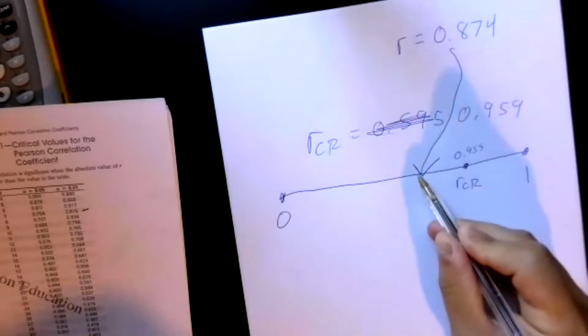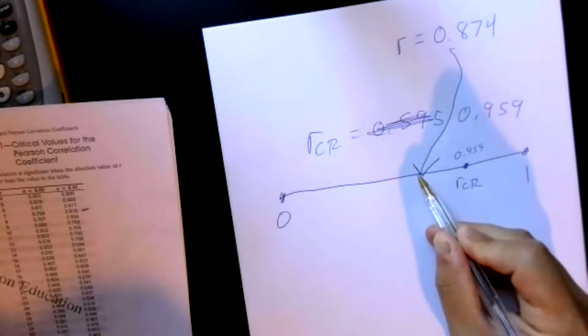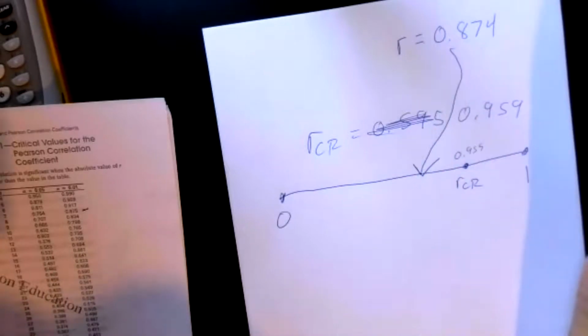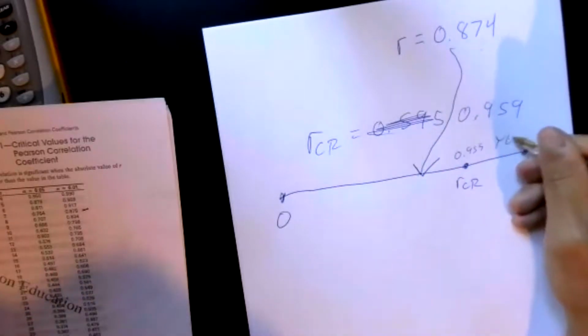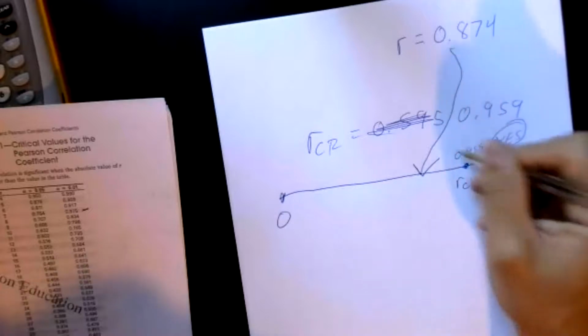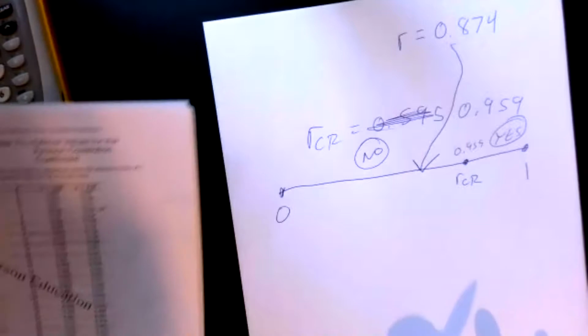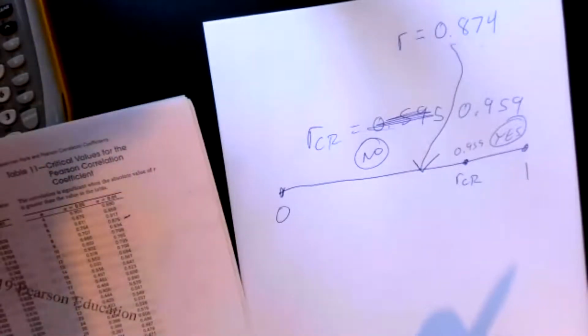Because it falls below, there is not enough evidence to conclude that this is significant. So if it landed over here, yes, that would be significant, but because it's below, no. There may still be some linear relationship, but it's not good enough at the 0.01 level.